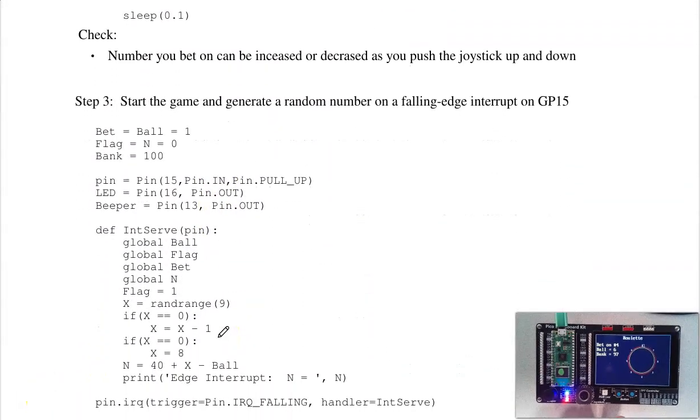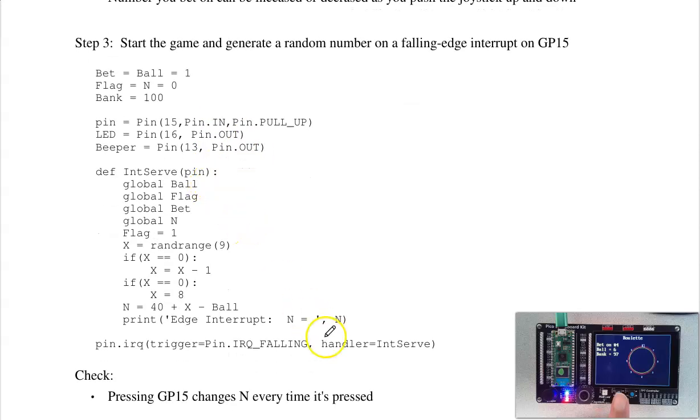I'll then use an edge interrupt to start the game. So this sets up interrupt on pin 15. This is on a falling edge when I push the button. On a falling edge, I call this interrupt service routine. It generates a random number from 0 through 8.